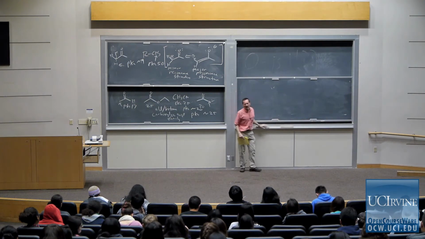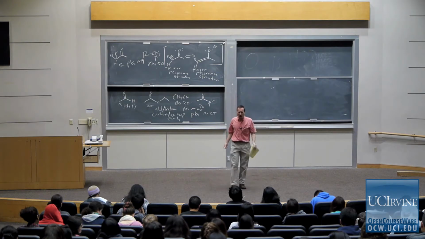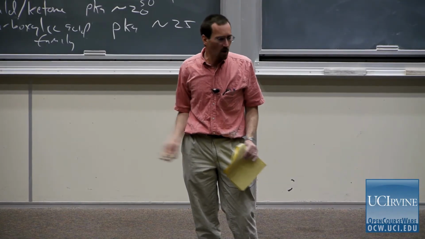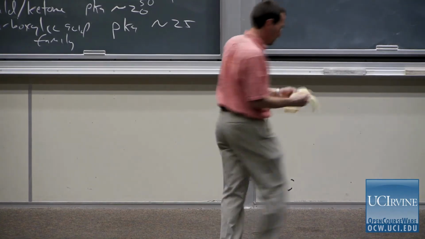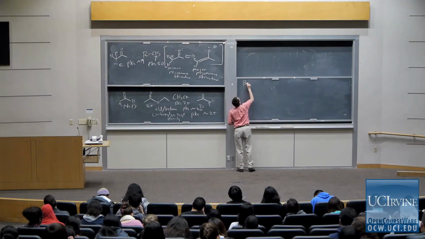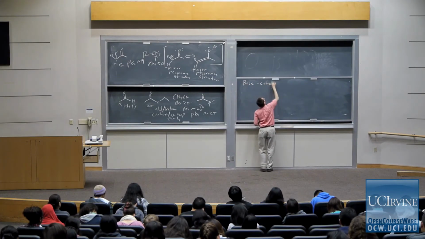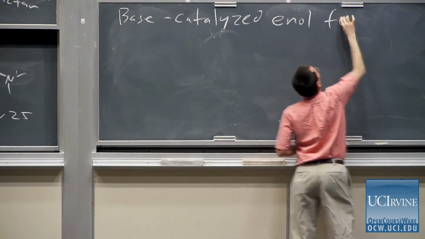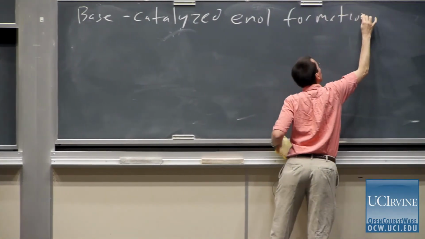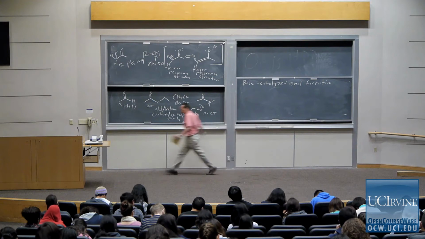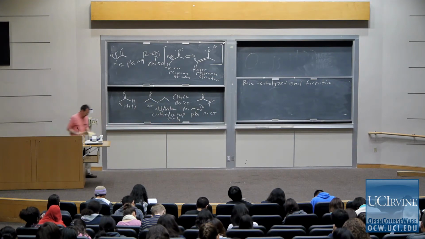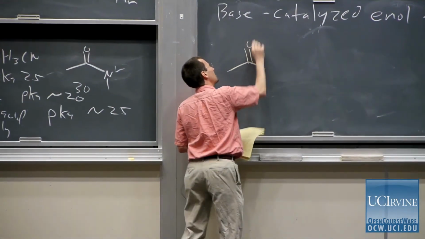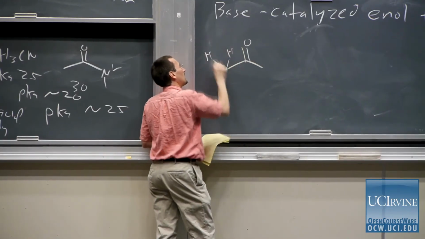Since the alpha protons of ketones and aldehydes are acidic, it shouldn't surprise you that base can also catalyze enol formation. So let's come back to our acetone molecule as our archetypal ketone.